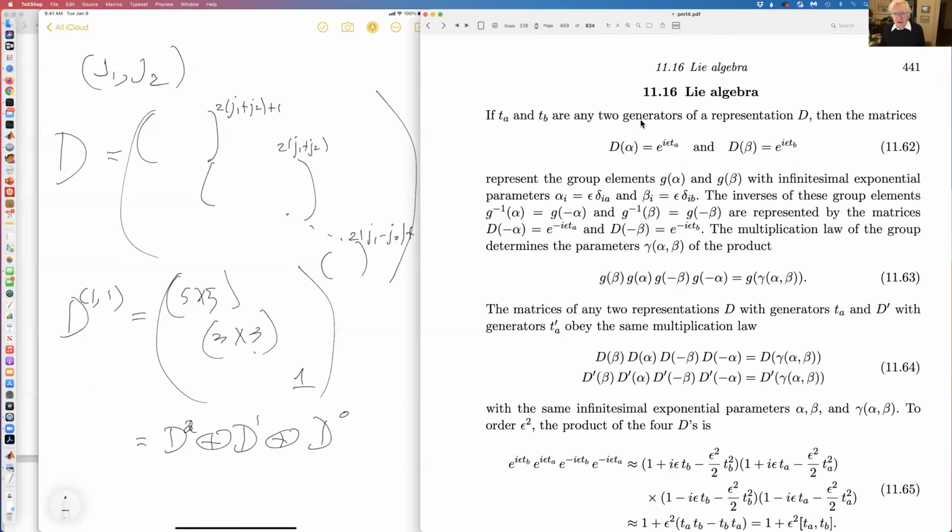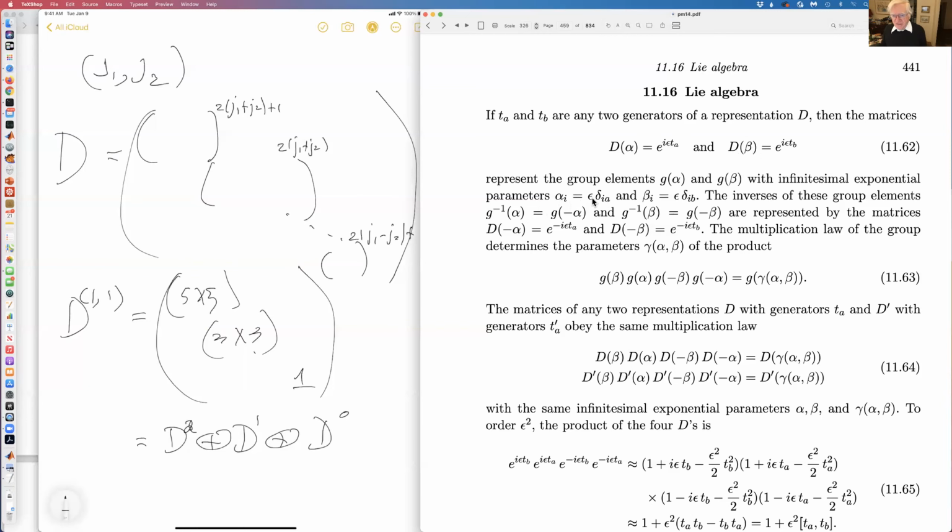Suppose D of alpha is e to the i epsilon T_A. No sum, just one generator. And D of beta is just, well, I should have had a beta there, shouldn't I have? Yes. Well, all right, I was thinking of it infinitesimal. Anyway, suppose D of beta is e to the i epsilon T_B.